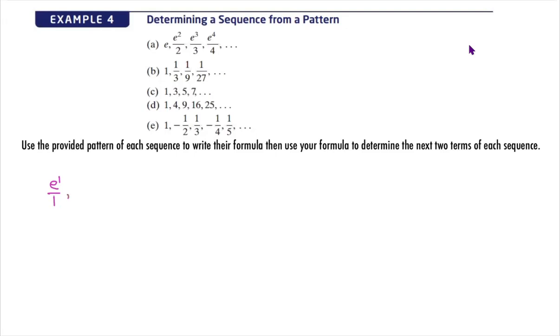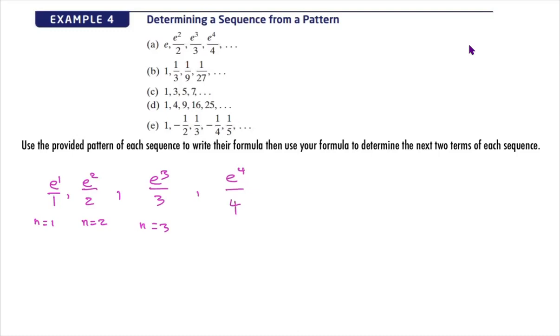So the second term would be e^2 over 2, with n equals 2. And then it continues the pattern with e^3 over 3, n equals 3, and goes on to e^4 over 4.